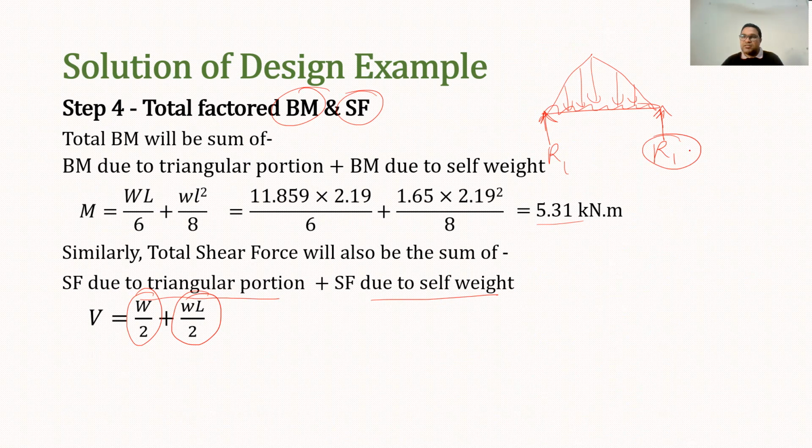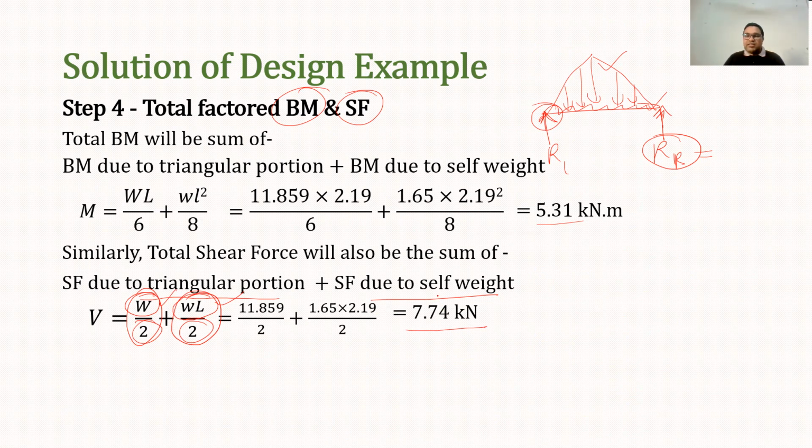The reaction R will be equal to half of the triangular load plus half of the UDL load. wL is the UDL and the total load of the triangular portion is W, so I have divided these as half and half. That is why shear force is equivalent to the value of reaction. Putting the values here, we get the shear force as 7.74 kilonewton.